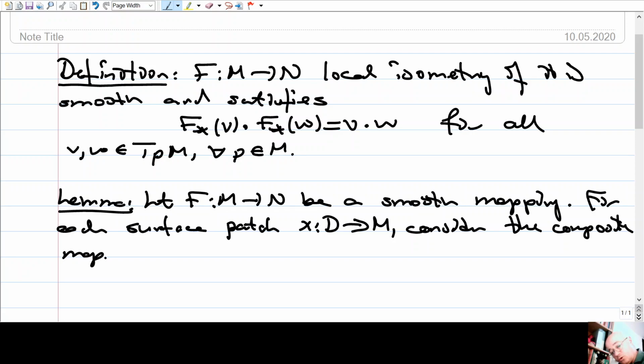It doesn't have to be a surface patch. X bar, which is just defined as f composition X. So it is from D to N.